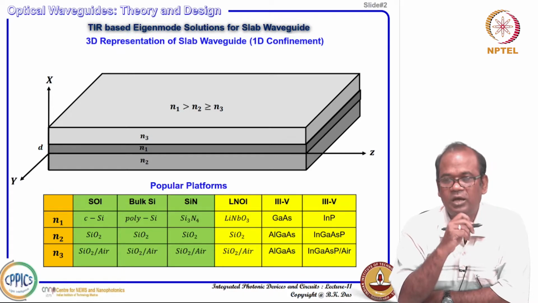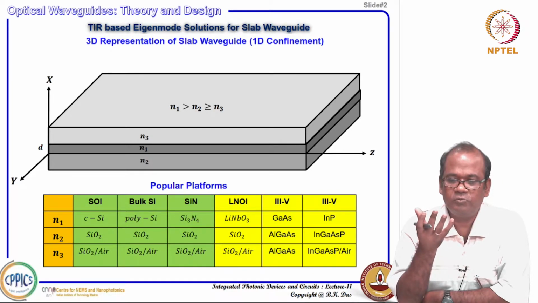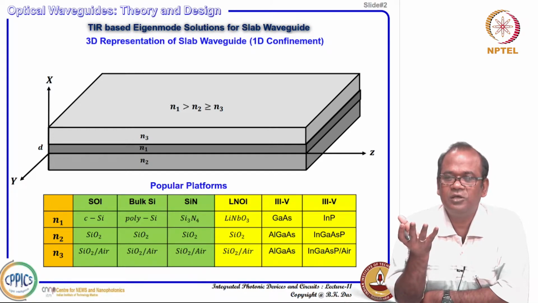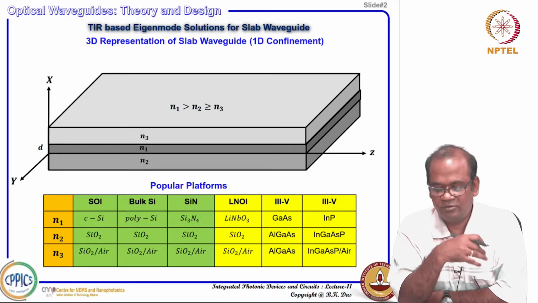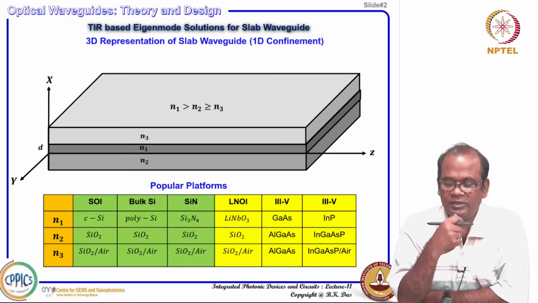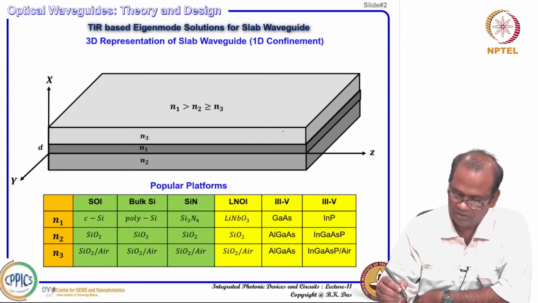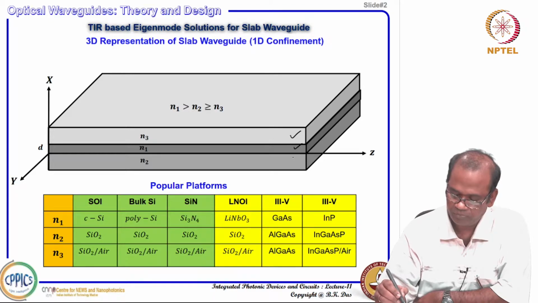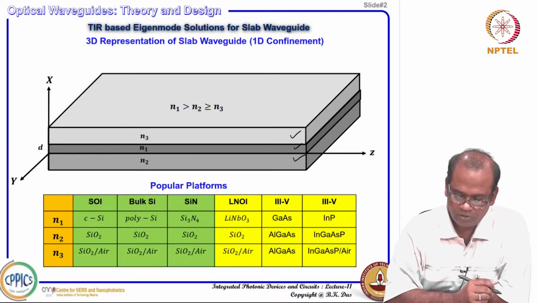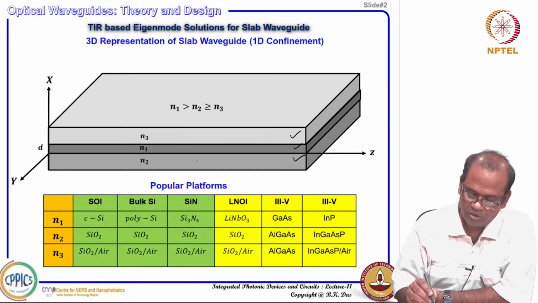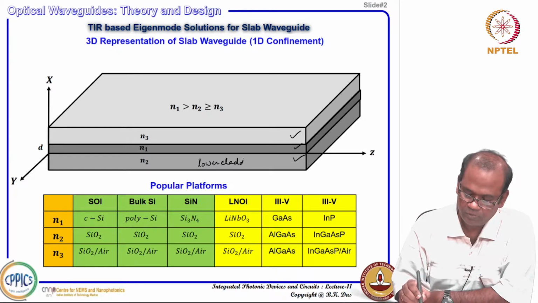And most of the time when you fabricate photonic integrated circuits, you need wafers or substrate. And for photonic integrated circuits, specifically 3 different layers are very important. The bottom layer is called lower cladding, the middle one is the core, and this is the upper cladding.